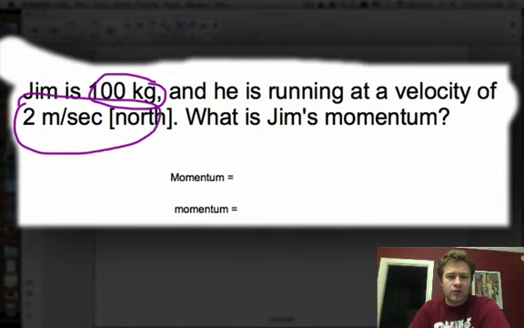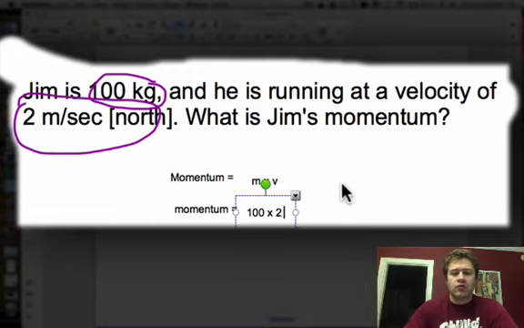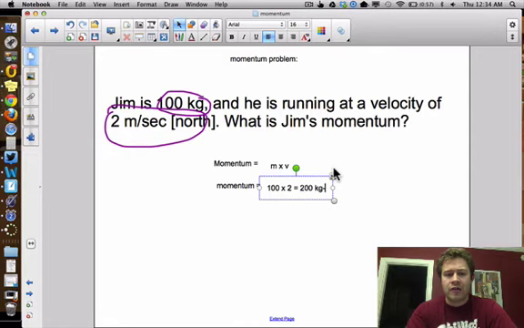Those are my two things. I need to remember it's mass times velocity. So my formula is 100 times 2, and I end up with 200 kilogram meters per second north.